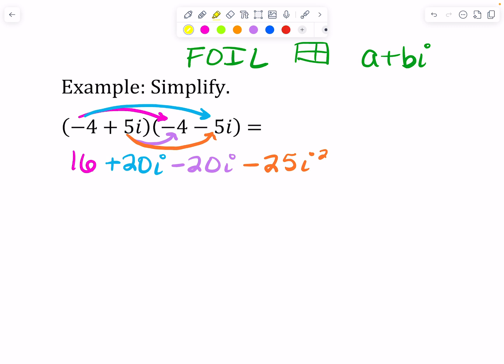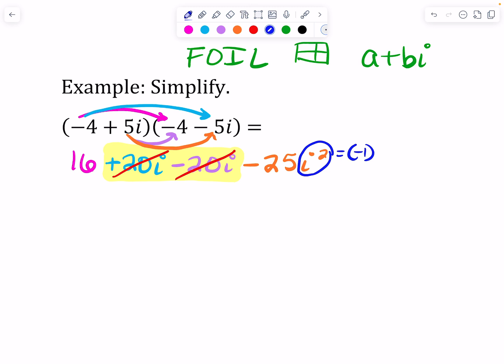So now we have like terms here in the middle, i to the first and i to the first. Those are opposites, +20i and -20i, so those are going to cancel out. And we need to make note that i squared needs to be replaced with a -1.